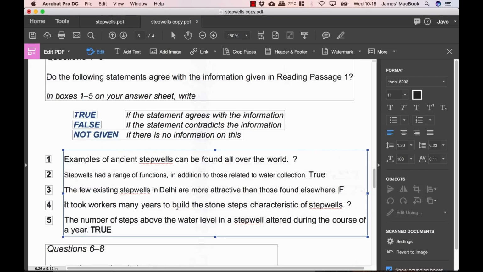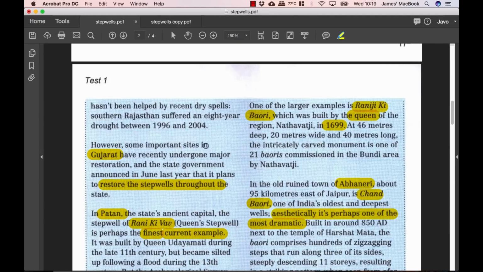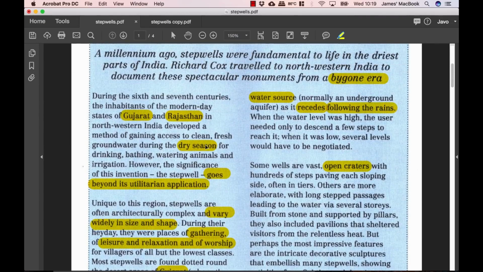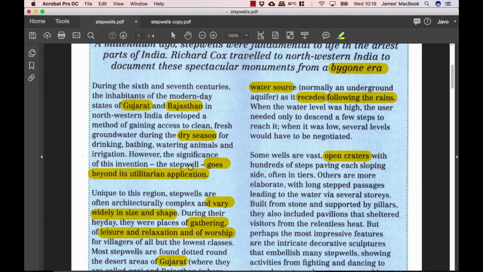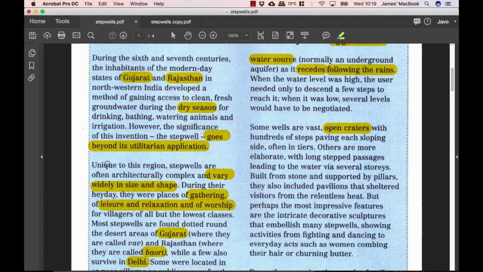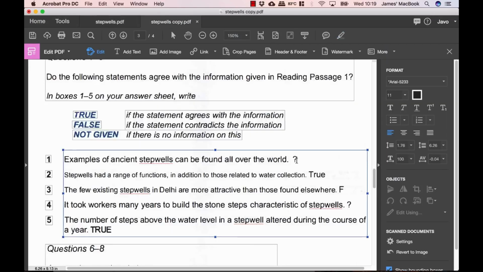Ancient examples can be found all over the world. Now, I think if we find the words unique to India or something like that, unique to this region, there we go. So look for the synonym unique, and so that is false as well.